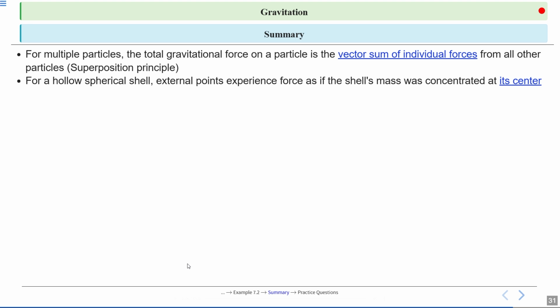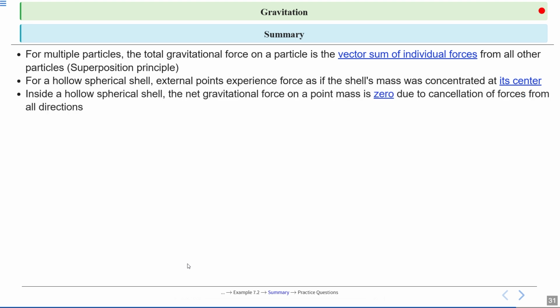This is an important simplification that helps us understand gravitational interactions with spherical objects like planets. For a point outside a hollow spherical cell, the gravitational force behaves as if all the cell's mass is concentrated at its center.